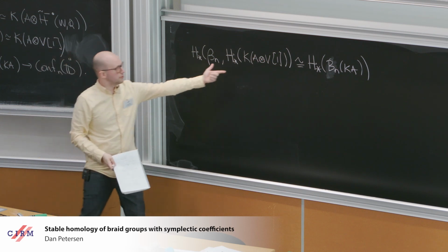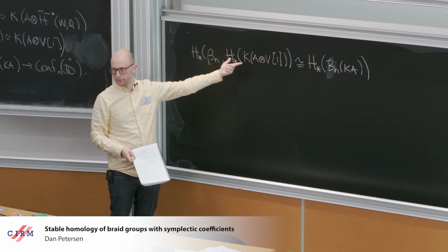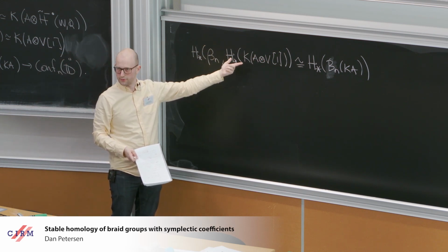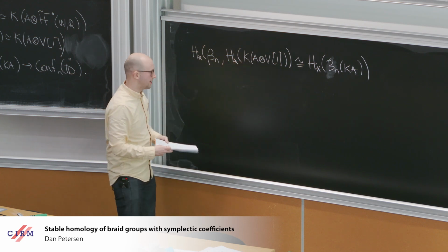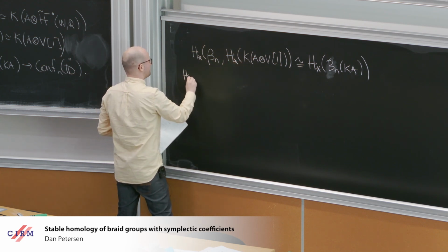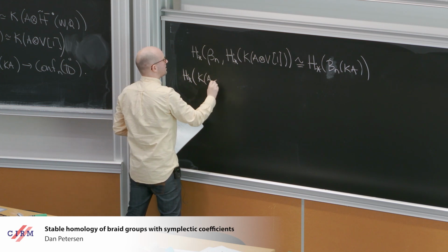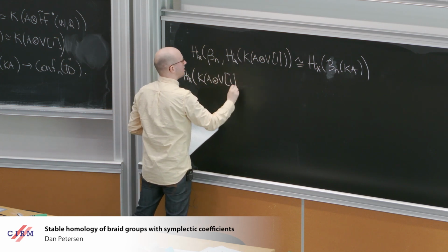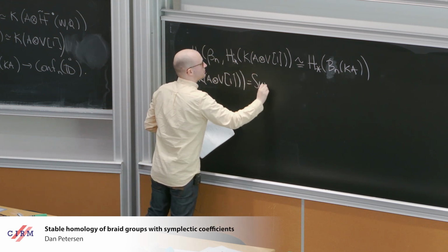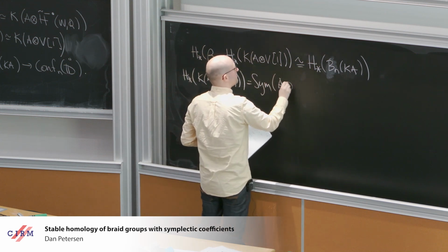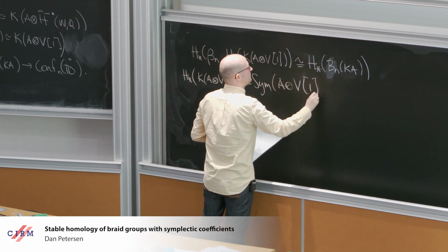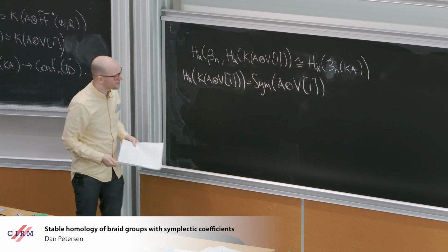And what is the homology of this? We're working rationally, and we know the rational homology of Eilenberg-MacLane spaces. So this is a symmetric algebra on A tensor B, shifted by 1.